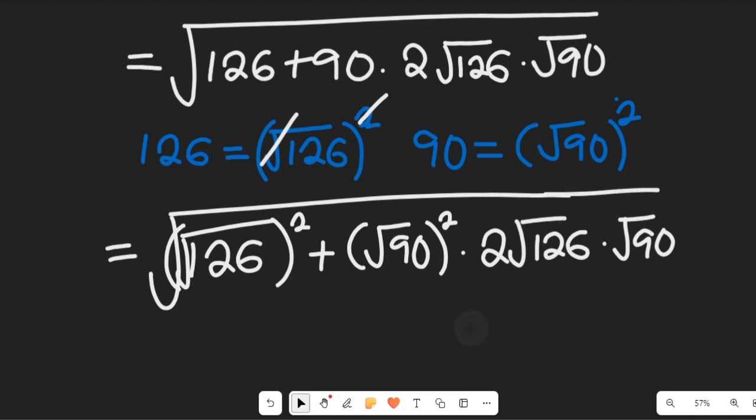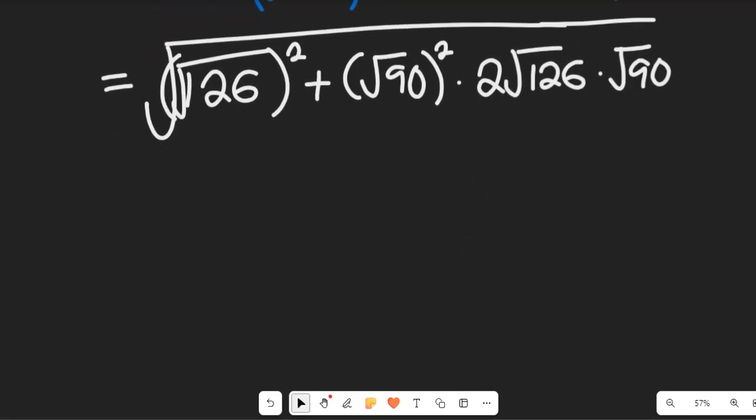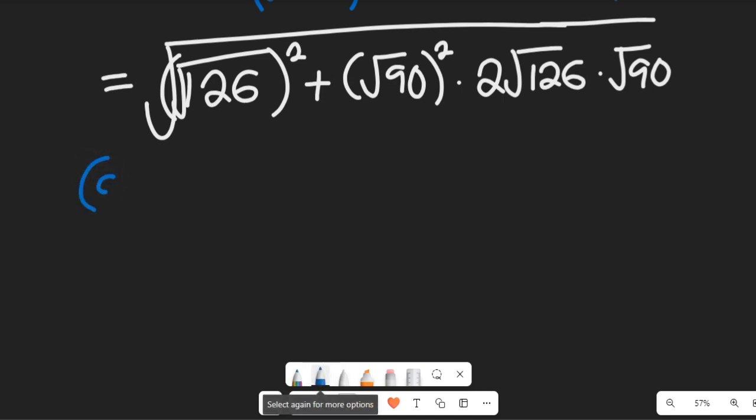Now from that expression I can look at it very well and see that it is looking like an algebraic formula. Now recall this algebraic formula: if I have (a plus b) all squared, this can be equal to a squared plus b squared plus 2ab.